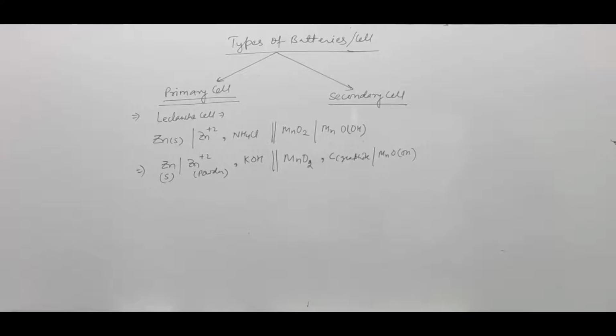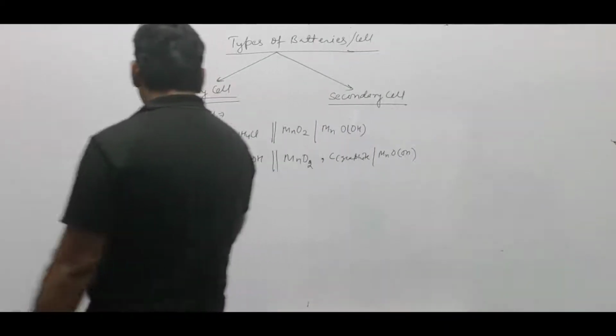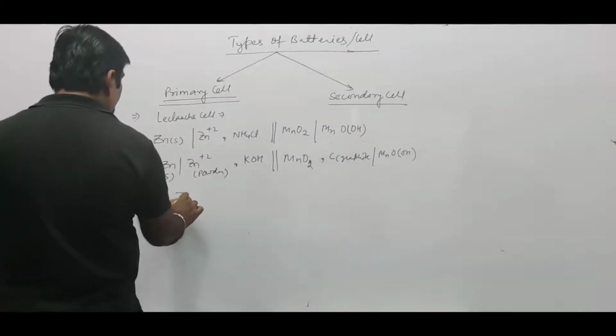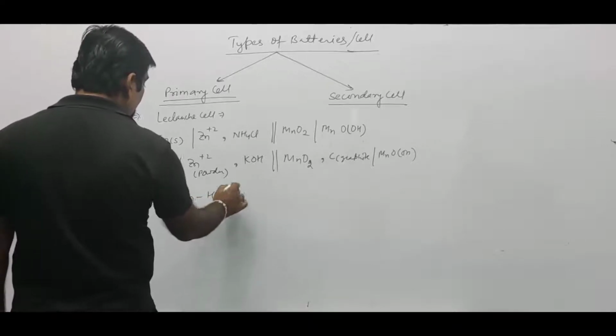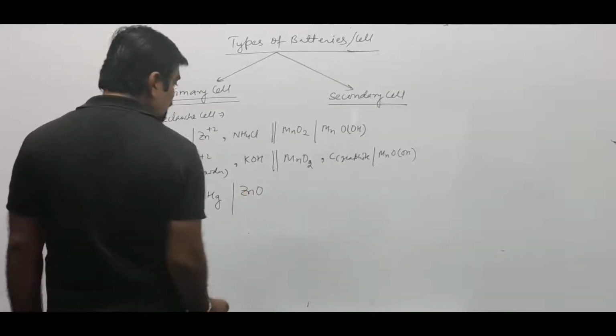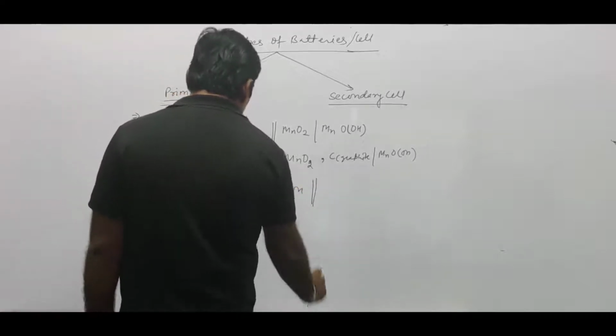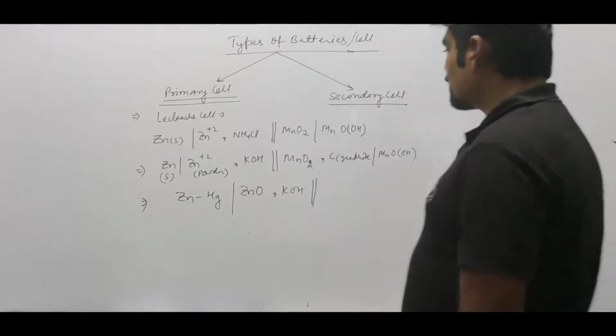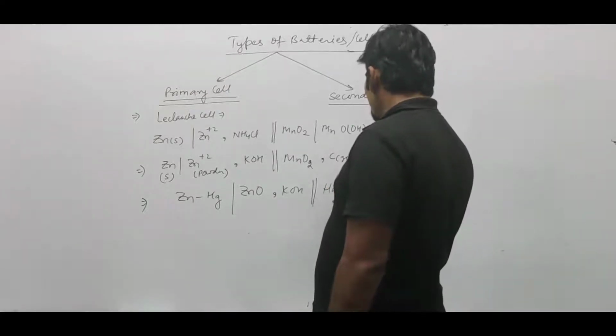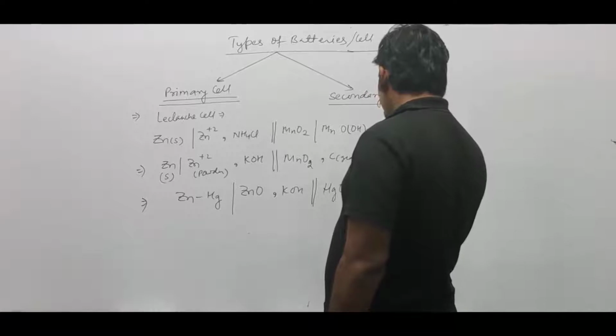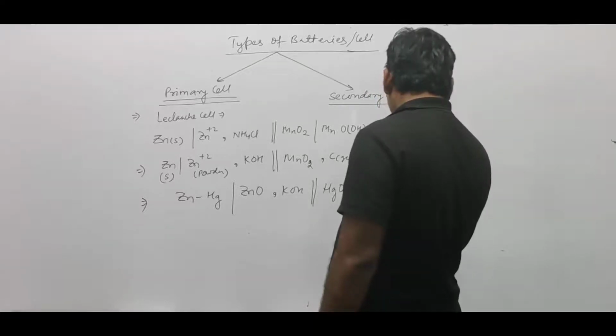Next is the mercury battery, where zinc mercury amalgam is used. The zinc mercury amalgam is converted to zinc oxide in alkaline solution, and then mercury oxide HgO is converted to Hg on the carbon graphite rod.